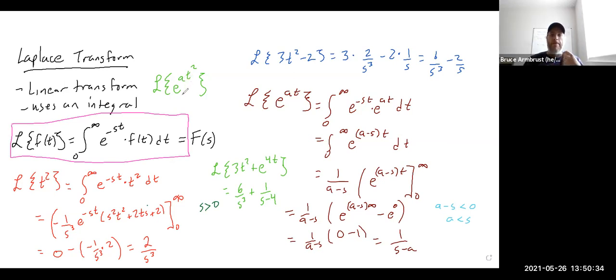And you can do the same thing. We could do the Laplace transform of sine of t. It probably would be better if we did the Laplace transform of sine of at, because then we cover all possible sines. But then you might go, what if I want sine of e to the t? Okay, we'll do sine of e to the t.